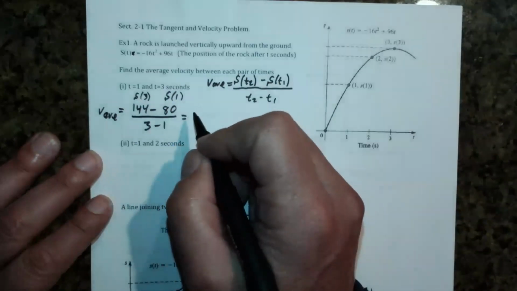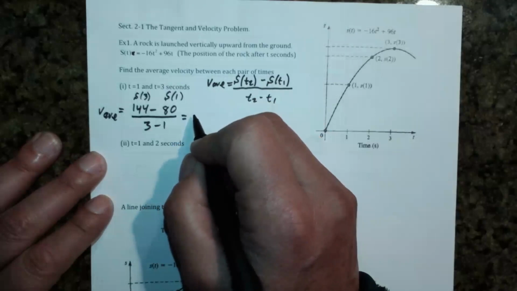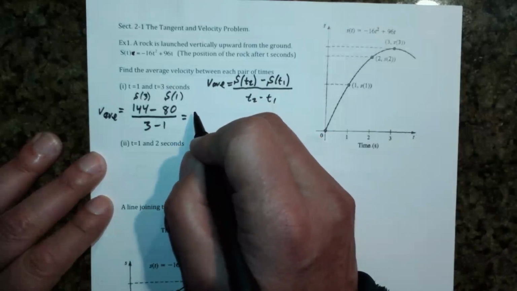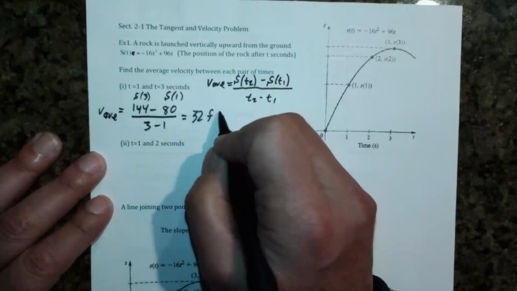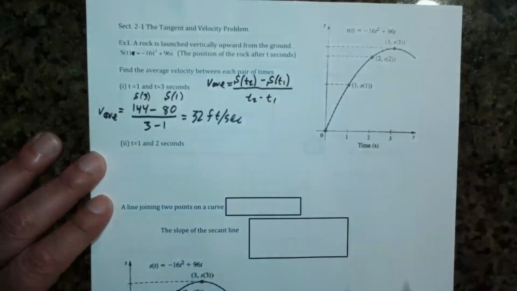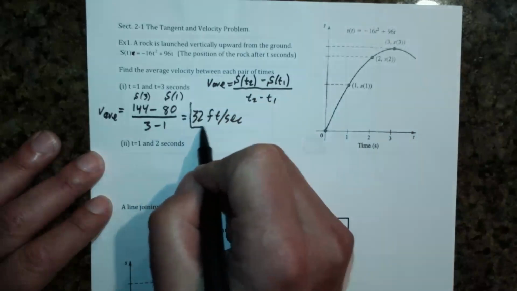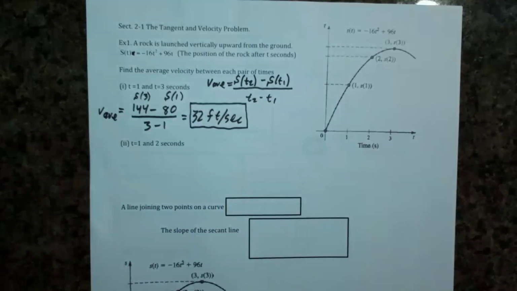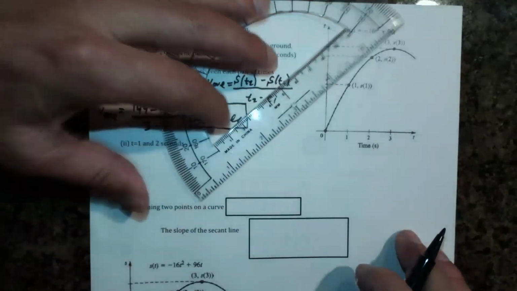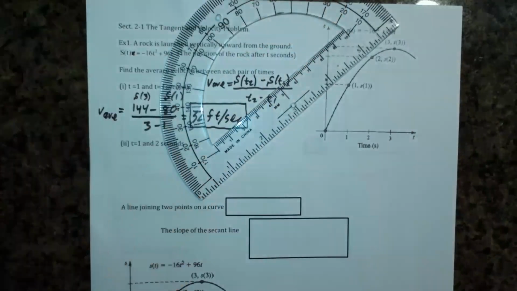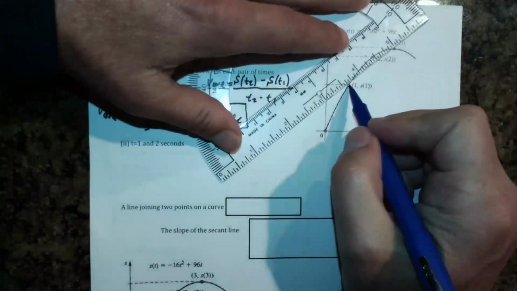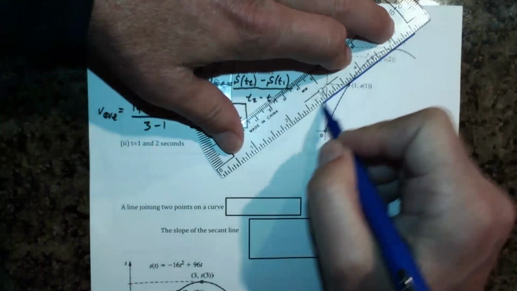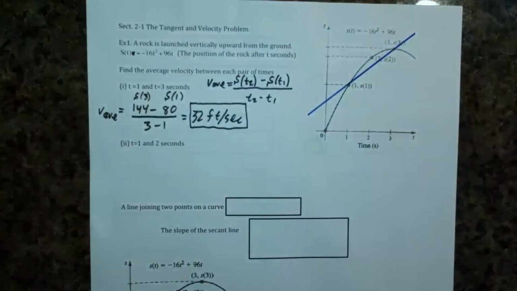And when we throw that into a calculator, we get that the average velocity from 1 second to 3 seconds is about 32. This is in feet per second. And to be clear, this is this line, from 1 second to 3 seconds. We'll get to what that line is called in just a moment.